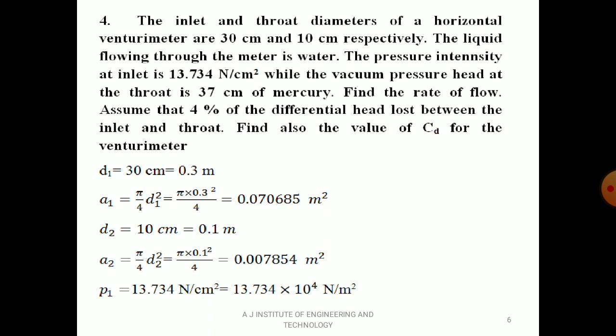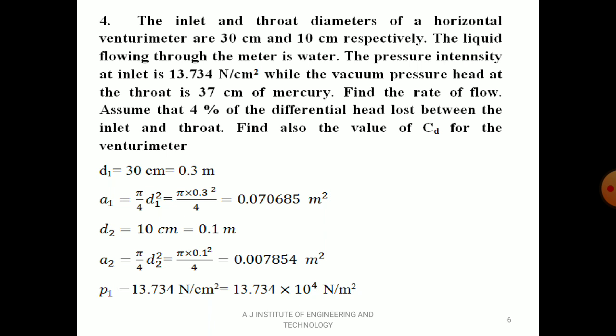It is a vacuum. As I already discussed in the previous video in the second problem, vacuum pressure has to be taken as negative because it is pressure below atmospheric pressure. The 37 centimeter should be converted to meter, so it becomes 0.37.